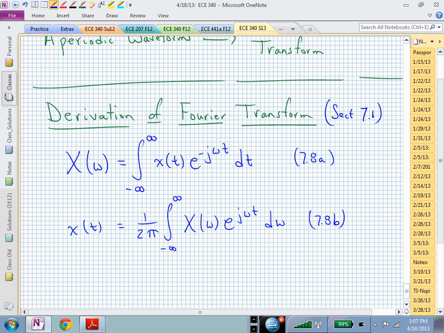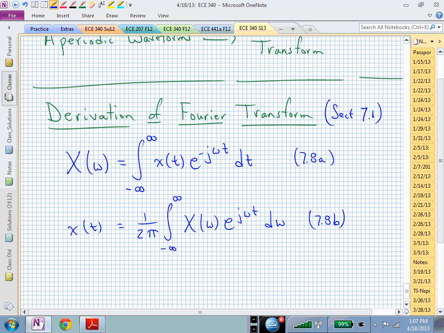The second equation is more like what we've just concluded when we said, oh, let's write x of t as a sum of sines and cosines. And that's really what you're doing here. You're saying, oh, here is the frequency content of your signal, capital X of omega. Let's synthesize x of t.